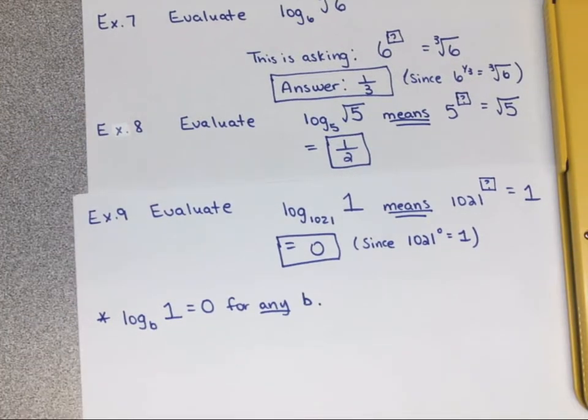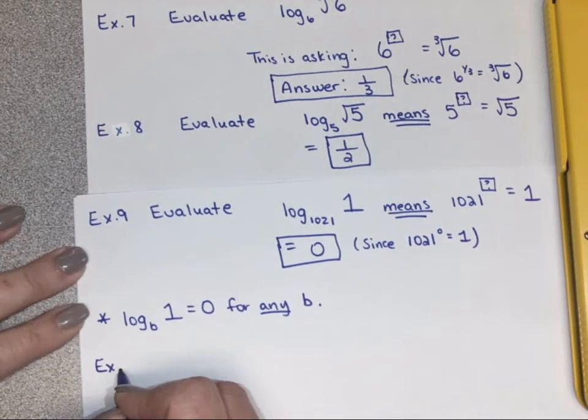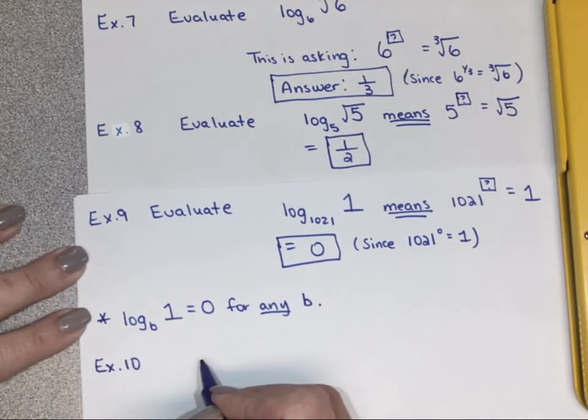I'd rather you understand the reason for it, and that's because the exponent that you would raise b to would always give you an answer of 1. It wouldn't matter what b was, because 10 to the 0 power is 1. 1,000 to the 0 power is 1. It doesn't really matter. All right, so that is one of the rules I want you to know, or at least I want you to know how to get it.